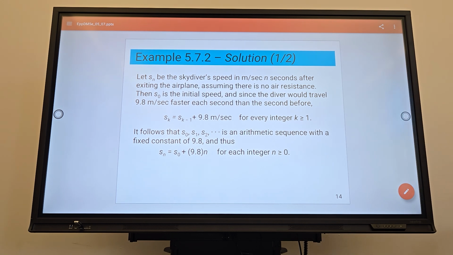It follows that S sub 0, 1, 2, and 3, etc. is an arithmetic sequence with a fixed constant of 9.8.